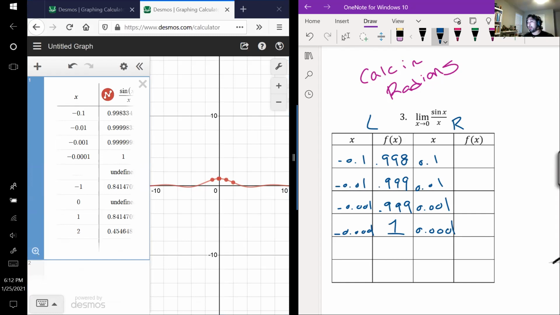So again, as you can see, as my x values get closer and closer to 0 from the left side, we see that my y values are going to get closer and closer to what number?